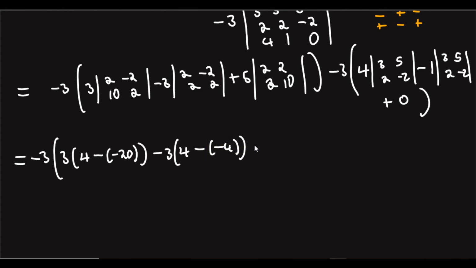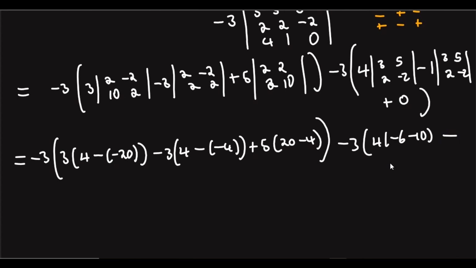Okay, so plus 5 into here we have 20 minus 4. Okay, so minus 3 into here we have 4, 3 times negative 2, which is negative 6, minus 10. Okay, so minus into negative 6 minus 10.